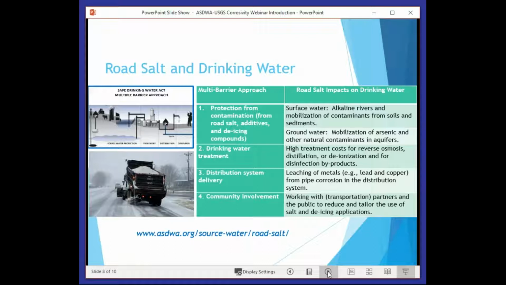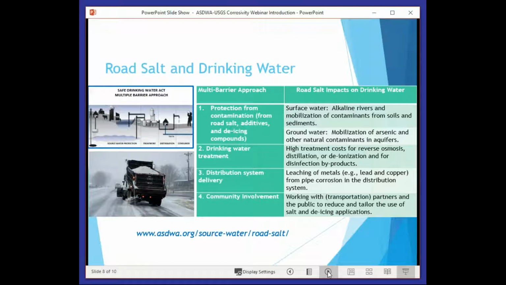The web page and the handout both talk about the intersection of roads and drinking water, about how state drinking water programs and state highway programs can work together to reduce impacts from road salt on drinking water sources. As you see here, it also includes a table with information about impacts from road salt based on each element of the multi-barrier approach to ensure safe drinking water.